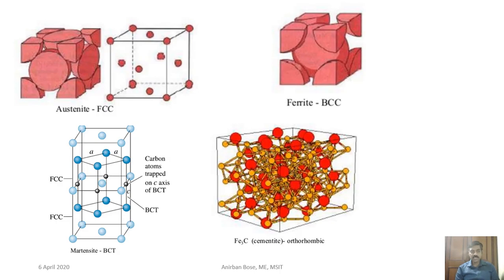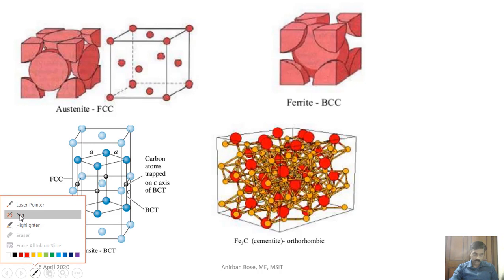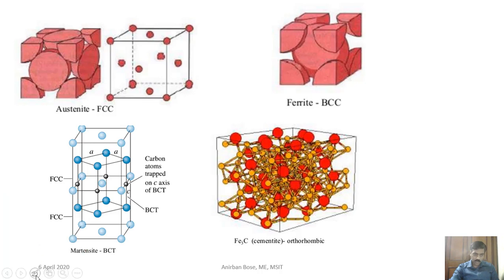So in this slide you can see some of the important phases that we have already seen in the iron carbon equilibrium diagram. Okay, so here you can see this is the austenite phase.